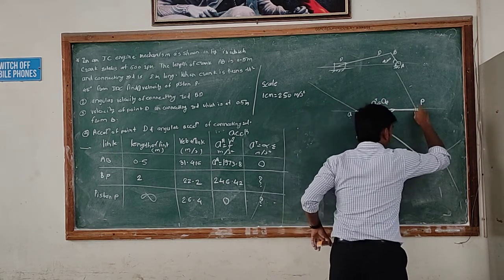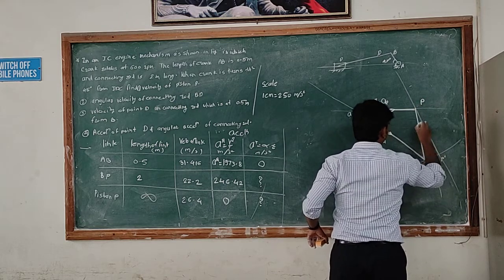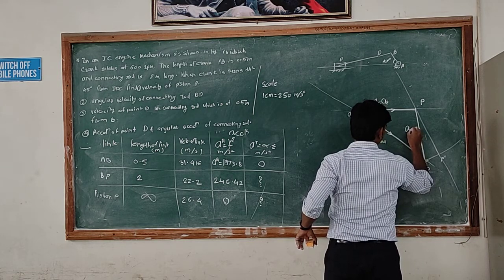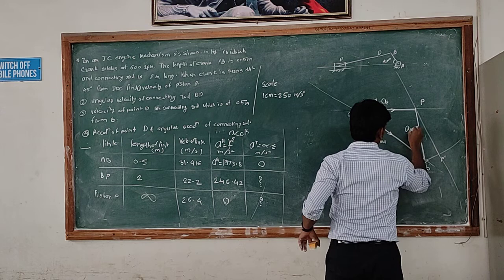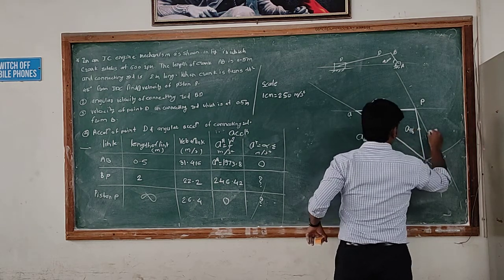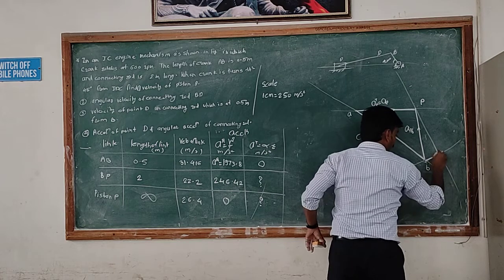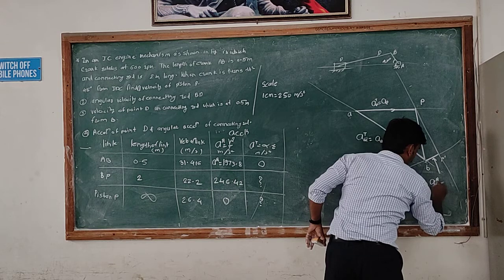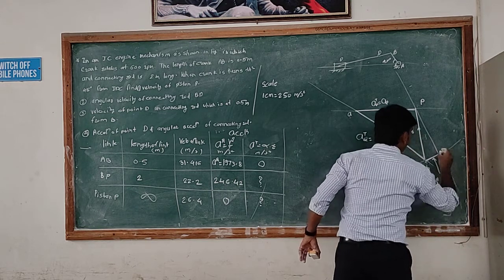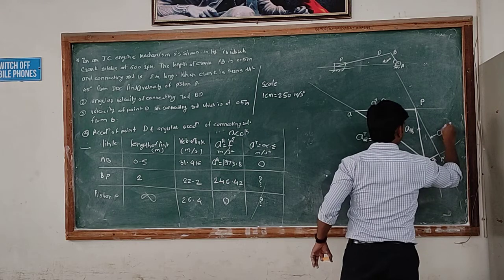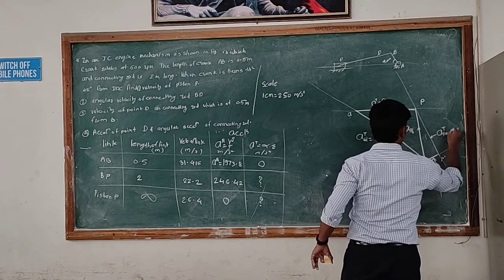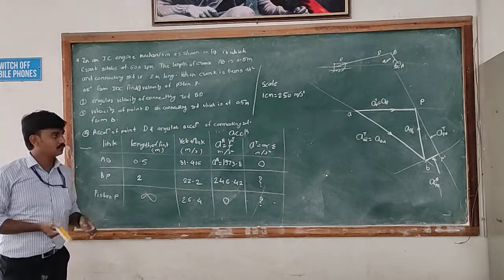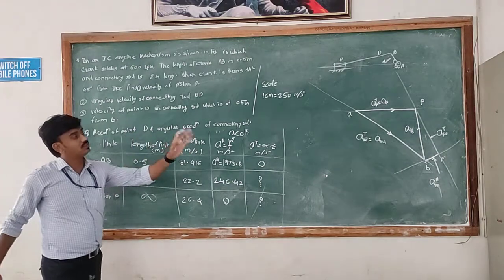If we join B to P, then this vector will represent the acceleration of the point P with respect to B. This line will show the normal acceleration of the point P with respect to B, and this line will show the tangential acceleration of the point P with respect to B. Okay. So this is our acceleration diagram.